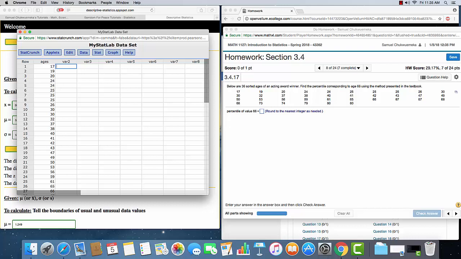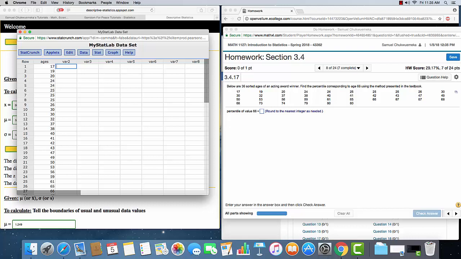And from the definition of what percentile is, to find the percentile of value 66, you need to find how many ages are less than 66, how many winners have ages less than 66.